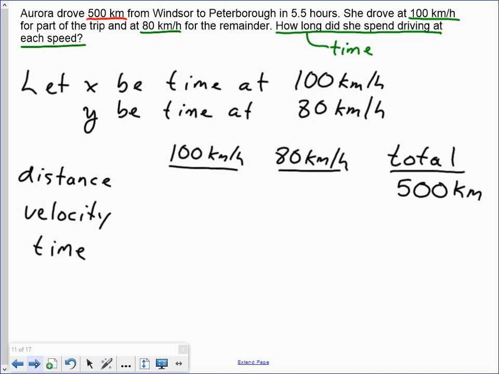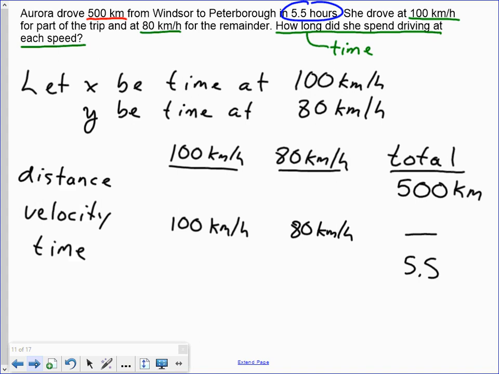Well, obviously there's a velocity of 100 kilometers per hour here and 80 kilometers per hour here. And we don't really have a total velocity. What about time? Well, we know that the total time she spent driving is 5.5 hours. So we can add that under our total here, 5.5.